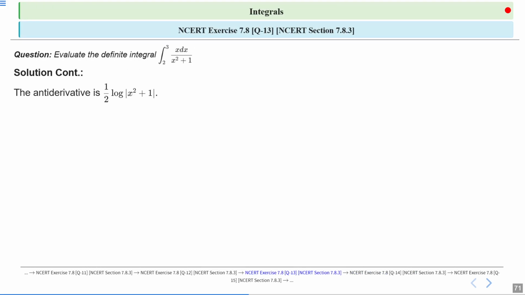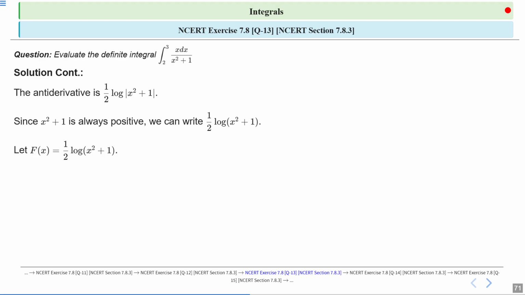The antiderivative is 1 by 2 log of x square plus 1. Since x square plus 1 is always positive, we can write it as 1 by 2 log |x square plus 1|, because log is not defined for negatives, so we just take the absolute sign.